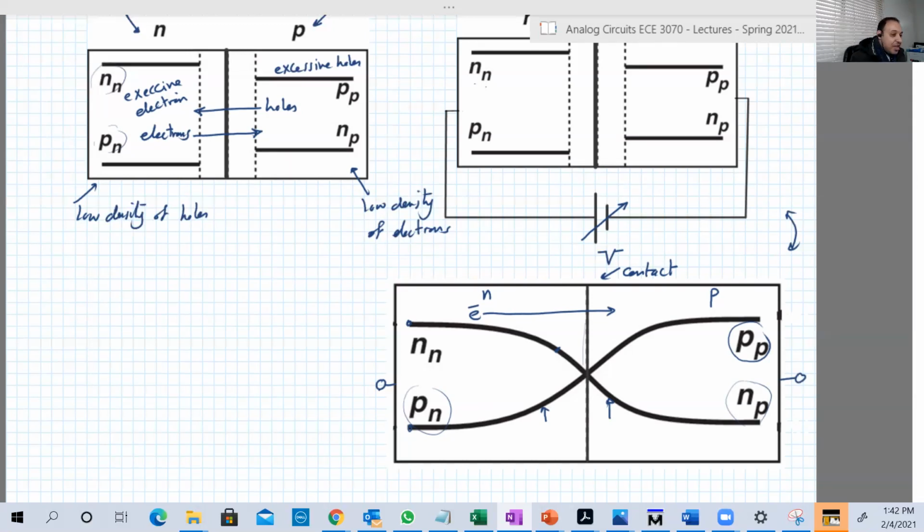One thing we should note is that whenever a hole leaves the P type into the N type, it leaves behind a negative ion, boron for example. So each hole that moves leaves behind a negative ion. And again, for the N-type material, each electron that moves from N to P leaves behind a positive ion.